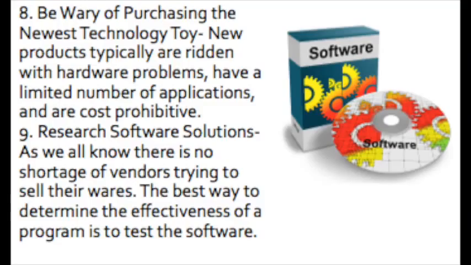The best way to determine the effectiveness of a program is to test the software. Fortunately, acquiring trial versions of the software is fairly easy to do, as reputable companies will usually offer white papers documenting the effectiveness of their product and will offer a 30-day trial version of their software.